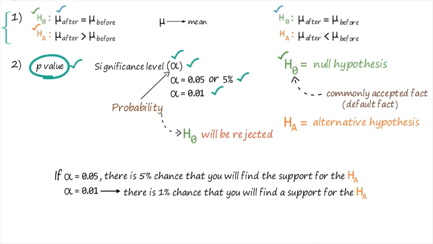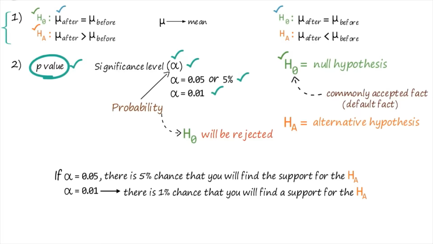So basically, when in truth the null hypothesis is actually true and you are going to reject it, it is not the right thing. So try to understand, depending on the significance level, you will find evidence whether to reject this alternative hypothesis or support this alternative hypothesis, thus rejecting the null hypothesis.